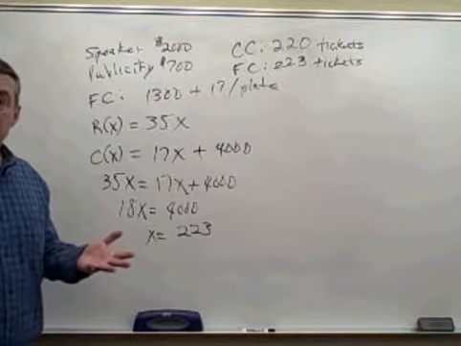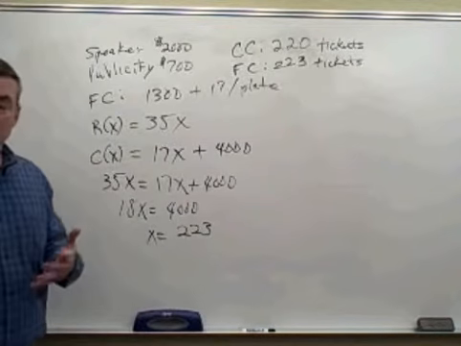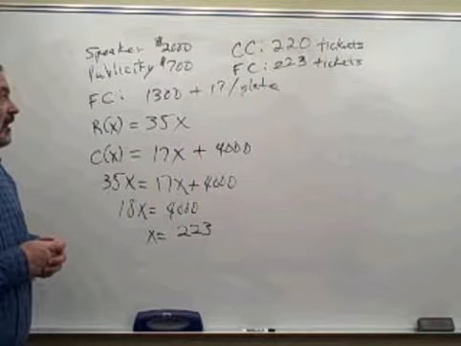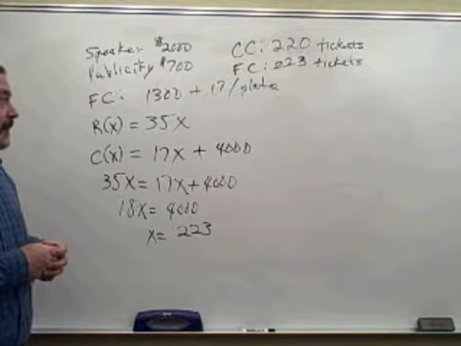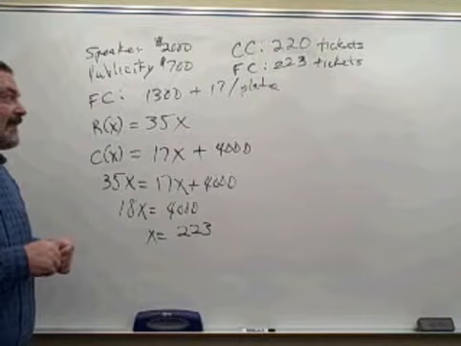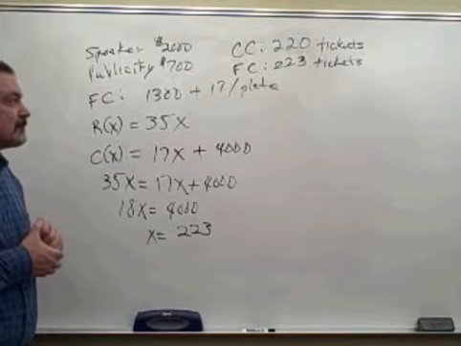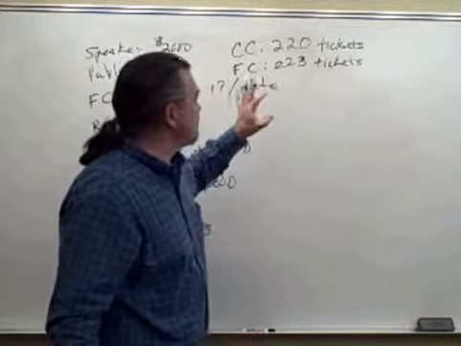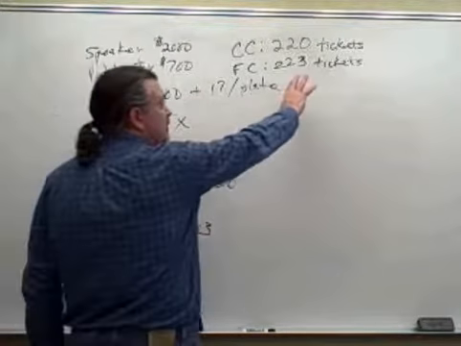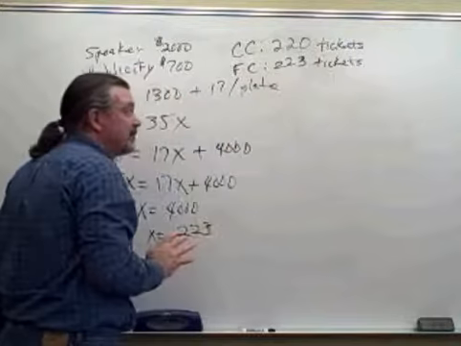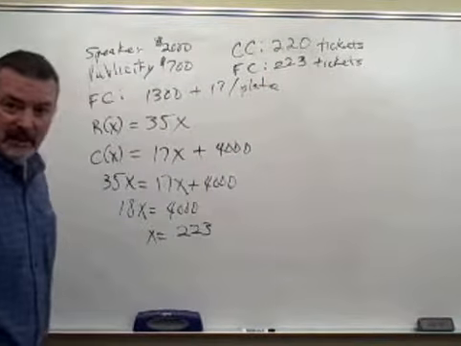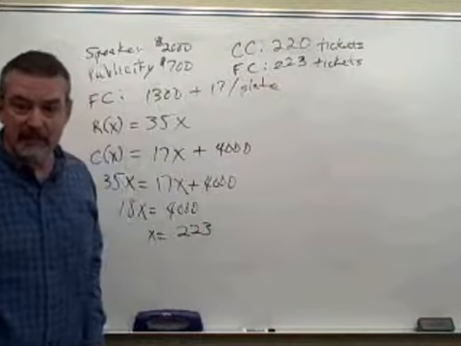So the question is, which is the better location at which to have our fundraising dinner? And that's kind of hard to say, because if we were only expecting 220 people, then the convention center is the place to go, because we would at least break even, wouldn't we?